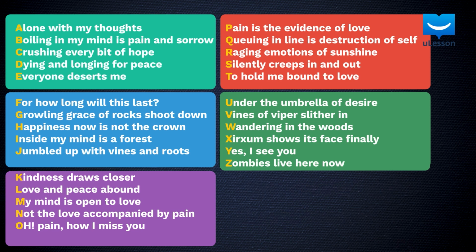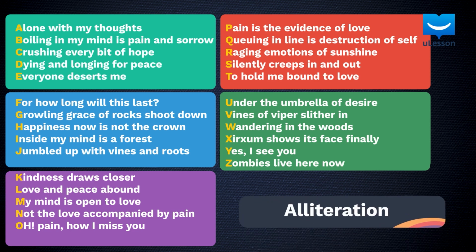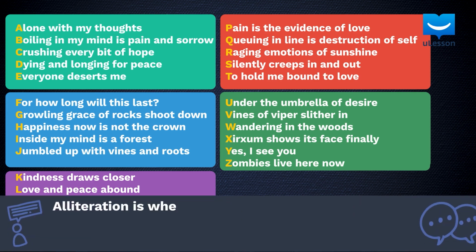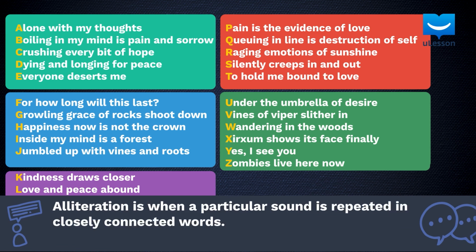Let's take a look at the sound device in the poem. Can you find any? In this poem, alliteration is the predominant sound device. If you recall, we said alliteration is when a particular sound is repeated in closely connected words.